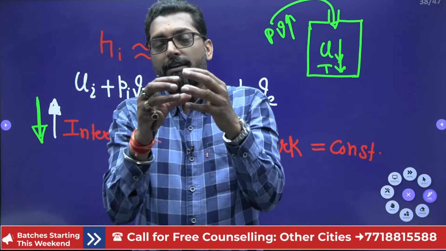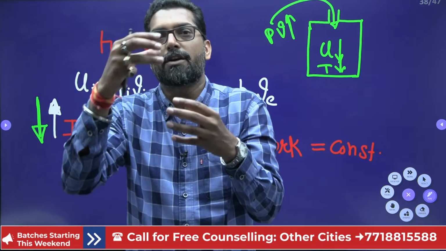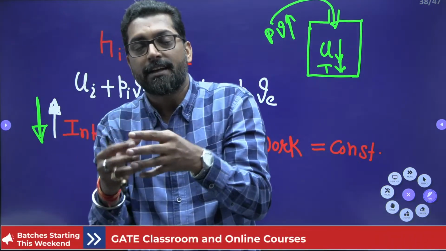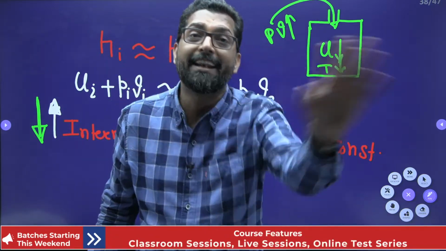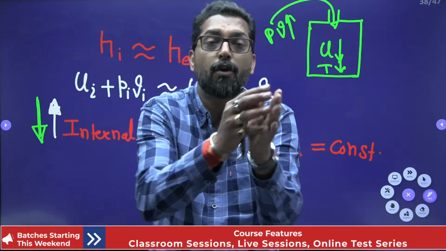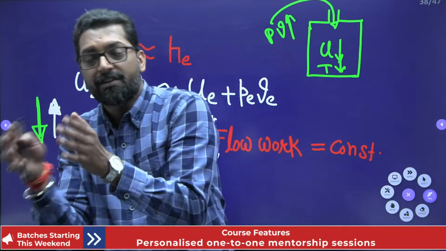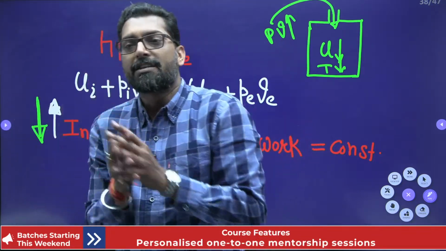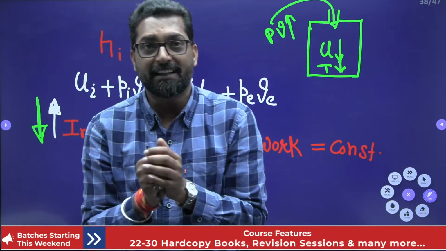If you apply conservation of energy in the Bernoulli equation, we are not bothering about irreversibility. That means the Bernoulli equation is applied for reversible flow. There is no viscous effect, no irreversibility, no dissipation. The energy at inlet and exit is the same.